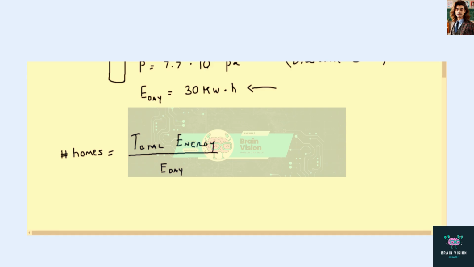All right, so the total energy for us is just going to be U, our internal energy, and the energy per day is something we already know right up here. So all we have to do is calculate what our internal energy is, plug it into this equation, and we'll be good to go.